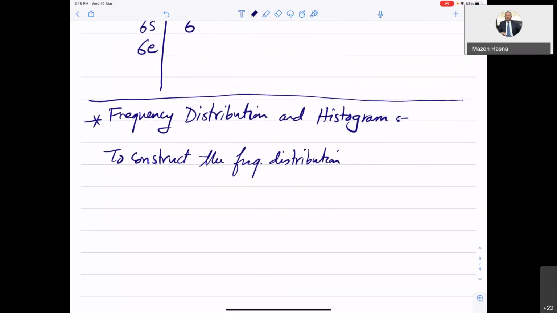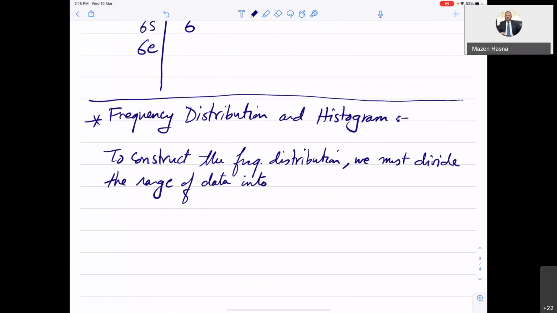category. So we must divide the range of data into intervals usually called bins.